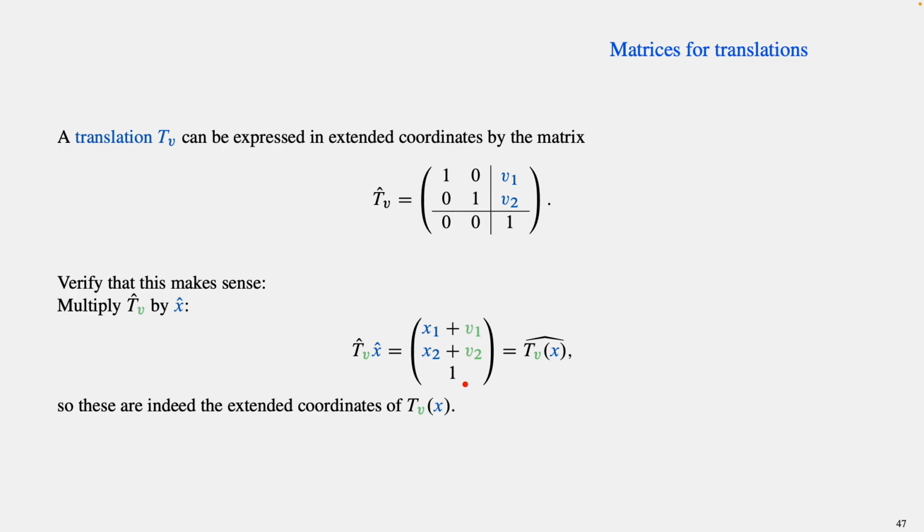So this is again a vector in extended coordinate notation, and it's precisely the vector x plus v. So what we get is if we take the original 2D vector x and add the translation vector v to it and then write it in extended coordinates. So this is precisely t index v applied to x and then put in extended coordinates.